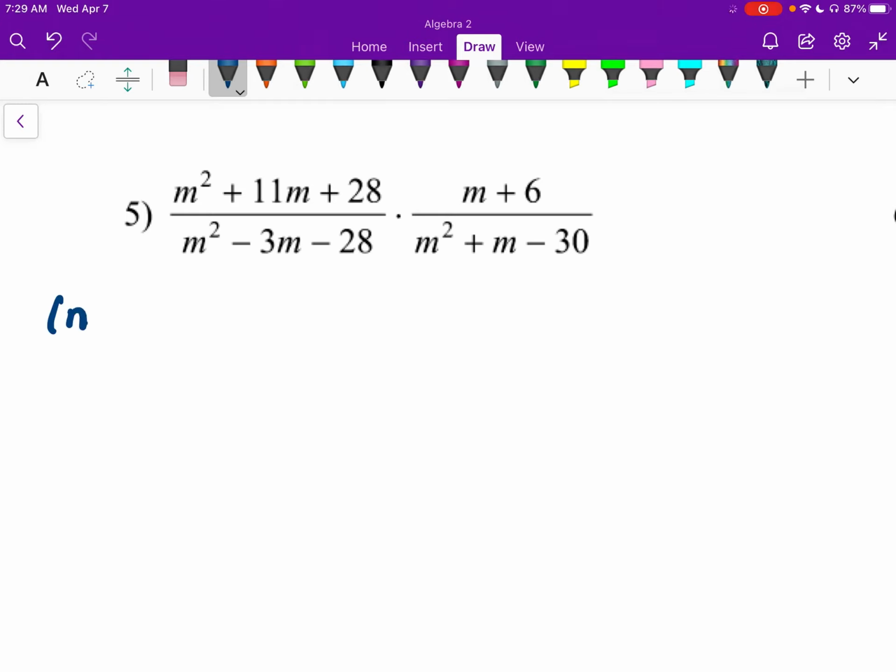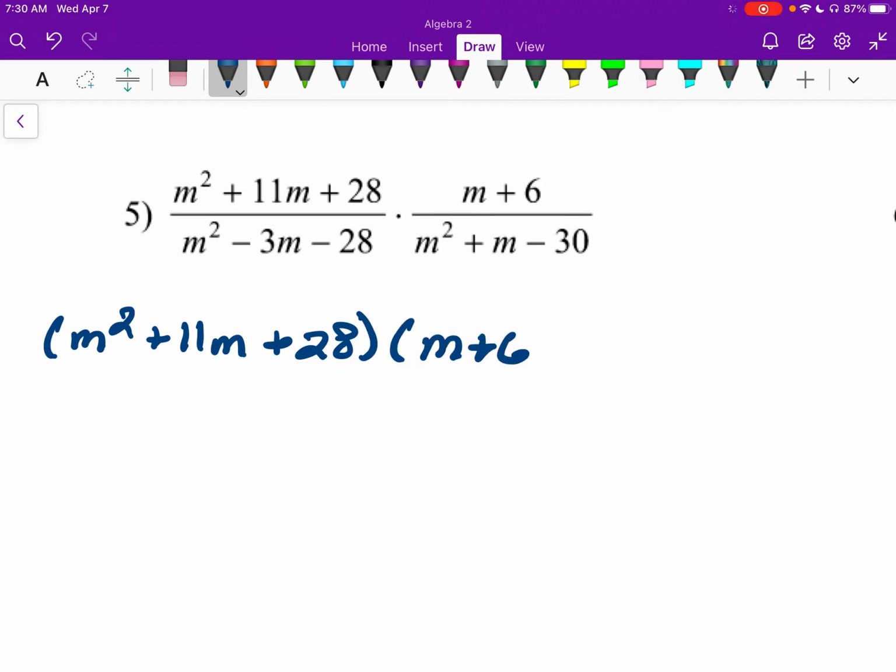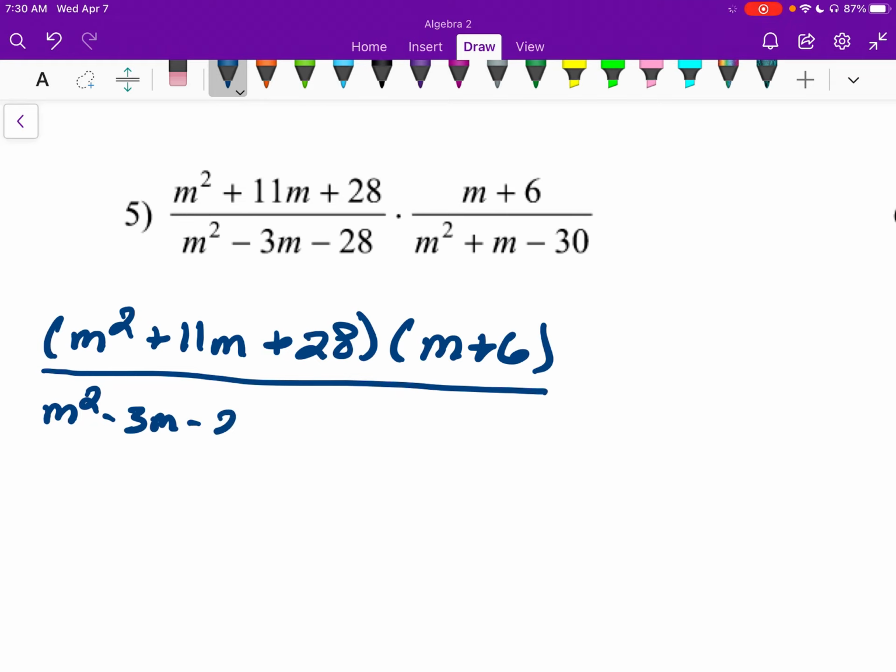We'll have m squared plus 11m plus 28, and then m plus 6, right? And for the denominator, I'll have m squared minus 3m minus 28, m squared plus m minus 30, right?